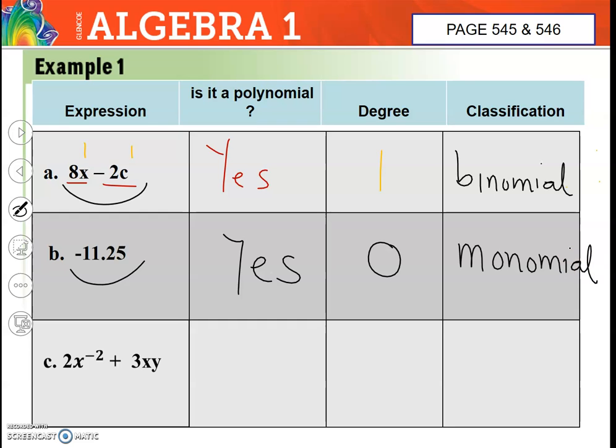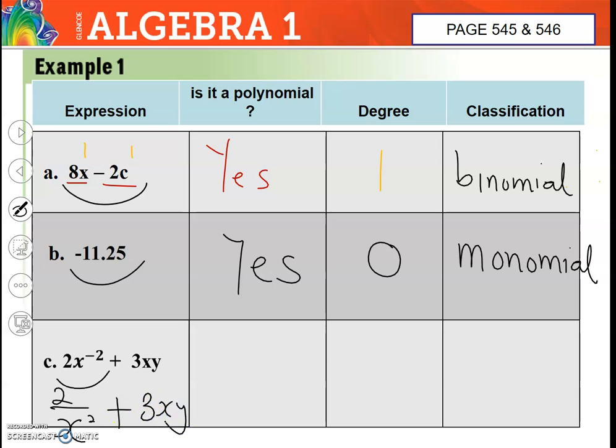Now looking at C, we have 2x exponent negative 2 plus 3xy. Looking at this expression, 2x exponent negative 2 can simply be written as 2 divided by x squared, as we learned in exponents, plus 3xy.